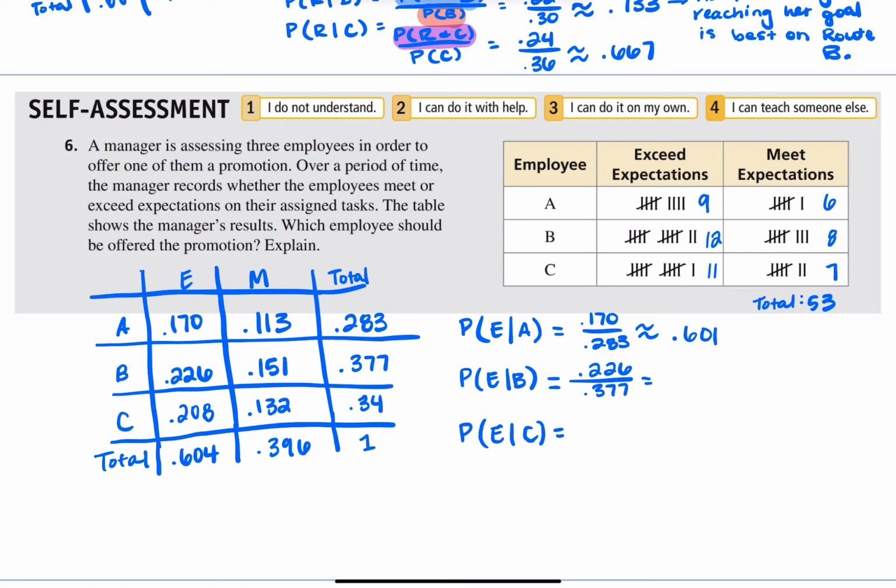So 0.226 divided by 0.377 is about 0.599. And then employee C exceeded 0.208 over their total 0.34. So 0.208 divided by 0.34 is about 0.612. So it looks like employee C exceeded expectations the most.